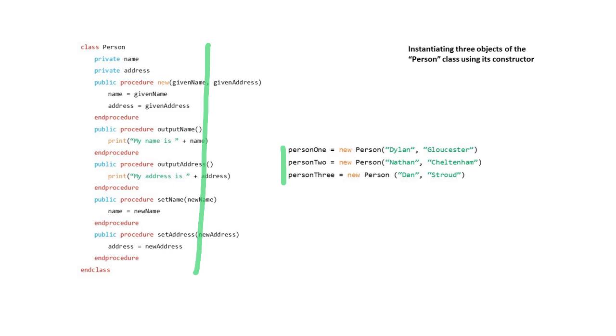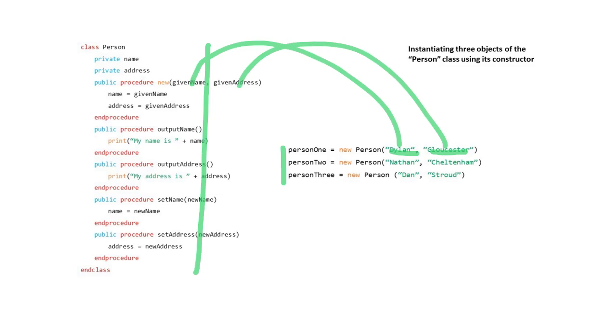We've called them person1, person2 and person3, and we create them by saying they become equal to a new person object, and then we pass in whatever data is required in the constructor. So here we've created three person objects, each with their own private attributes and settings, and they all exist separately in memory.